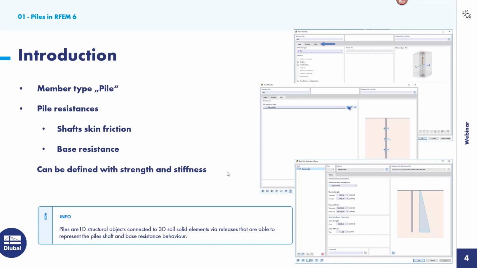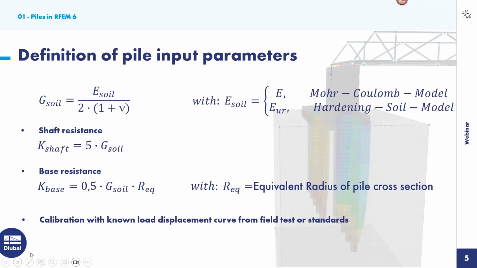The piles are 1D structural objects connected to the 3D soil solid elements, and they are connected via releases that are able to represent the pile's shaft and base resistance behavior. How the values can be defined is provided on this slide.